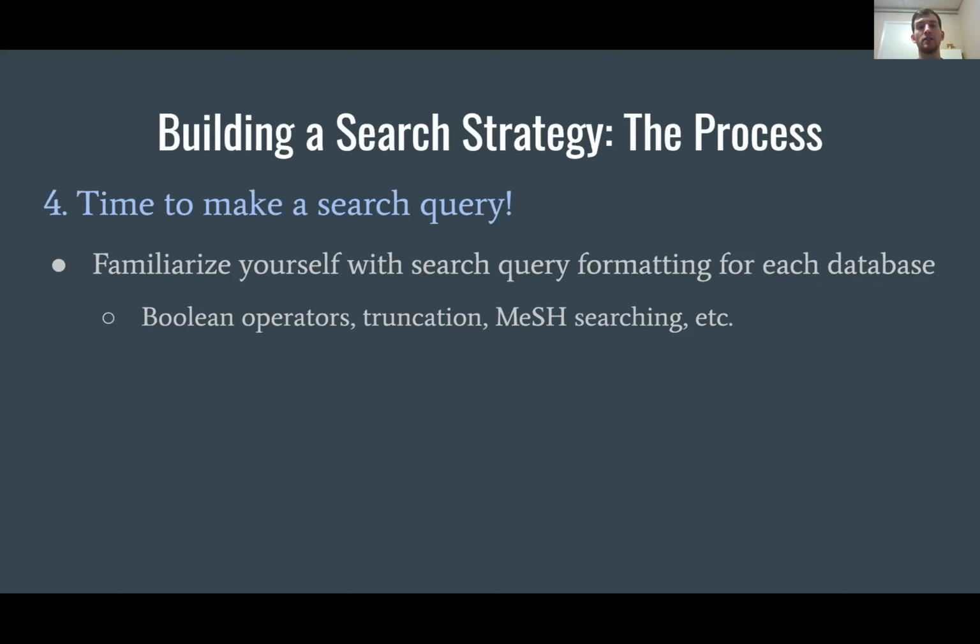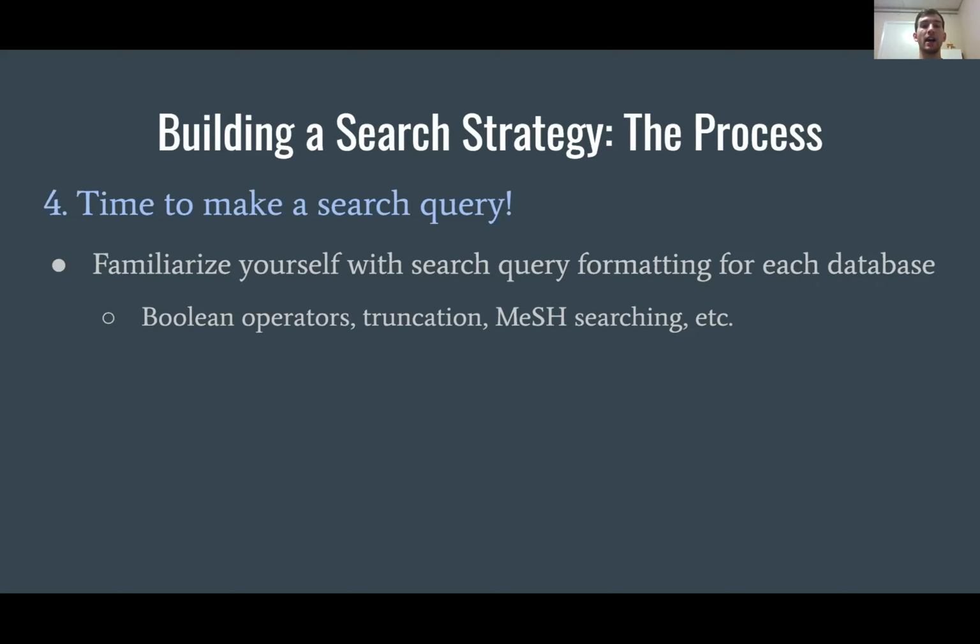You have truncation, which is when you want to make sure that you're not missing any different forms of a word. For example, you could have needle exchange program, programs, with the American spelling or the British spelling, where there's an M-M-E-S at the end.